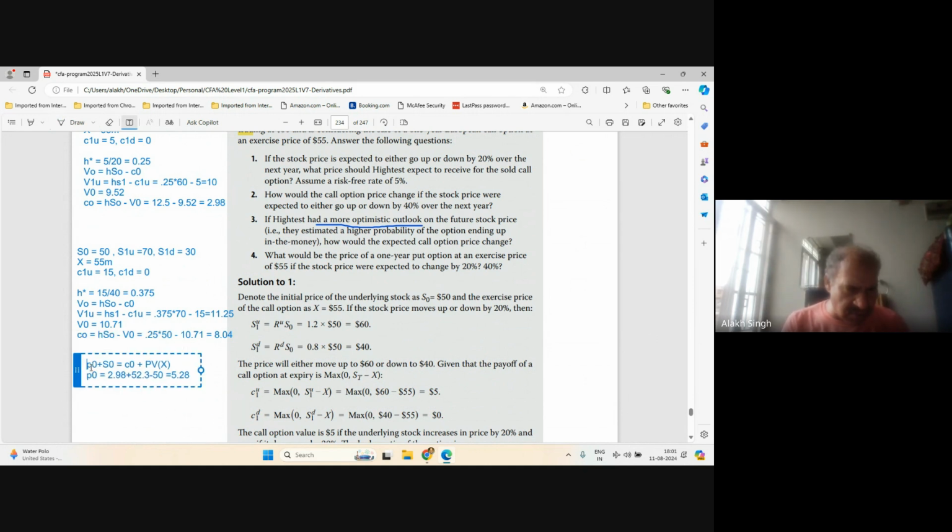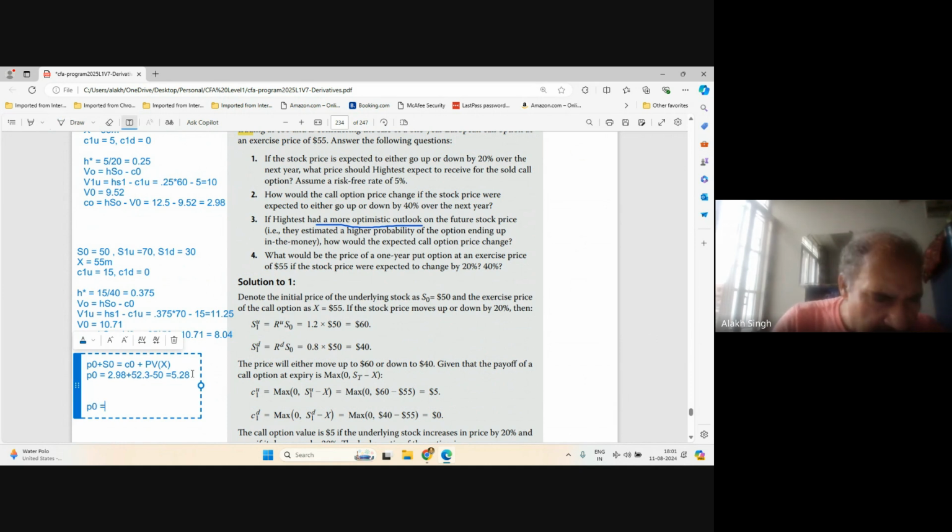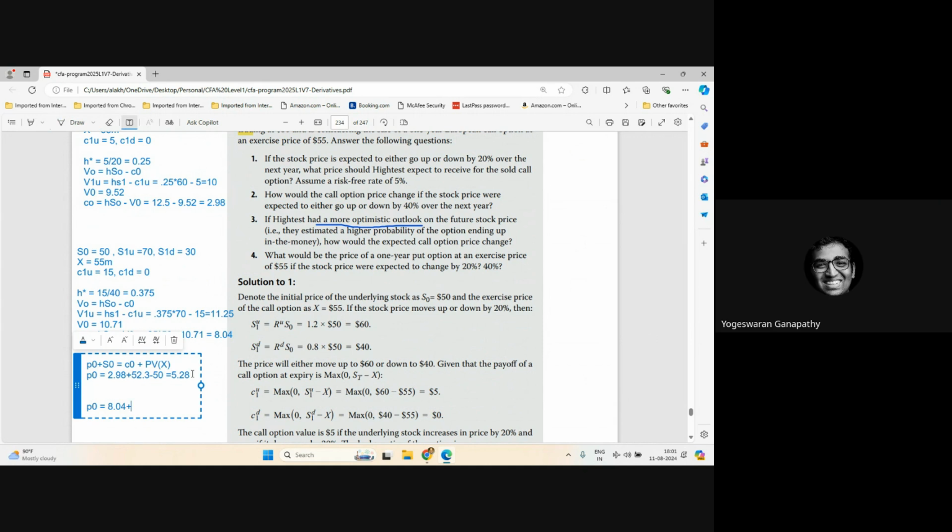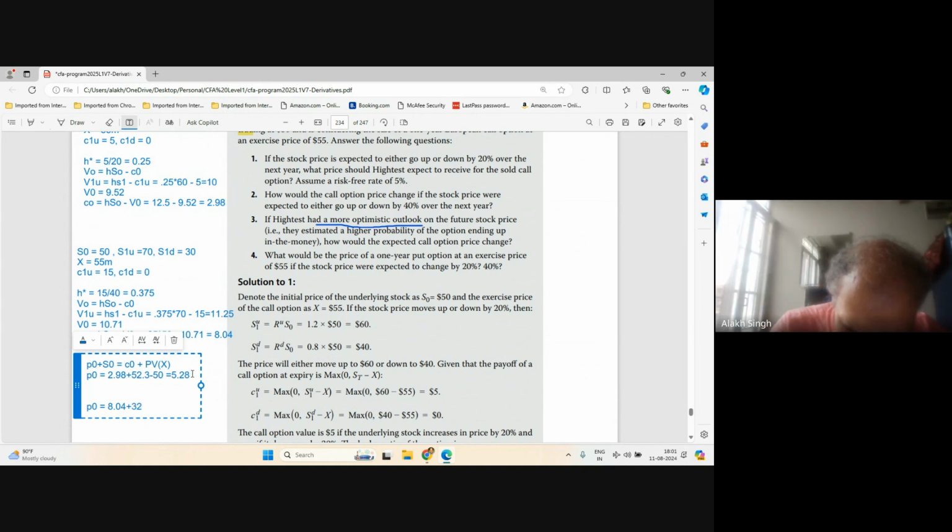Okay, and let's calculate 40% as well. So what will be P0 when it is 40%? This one was 8.04 plus the present value, which will remain the same, 52.30, and minus 50.